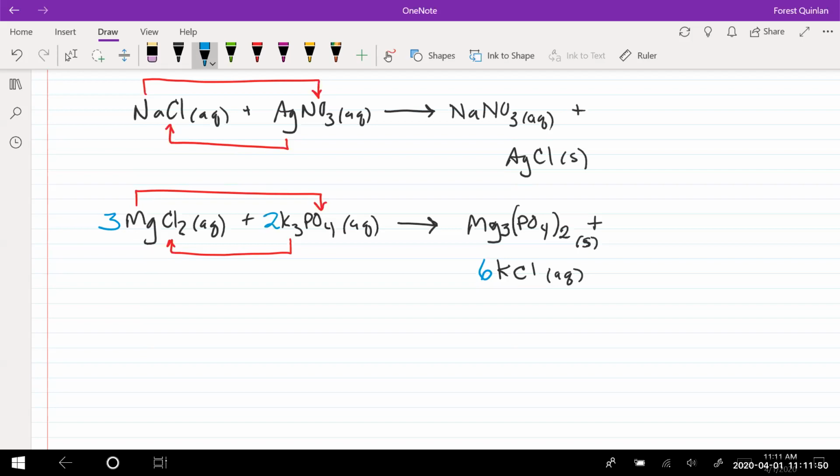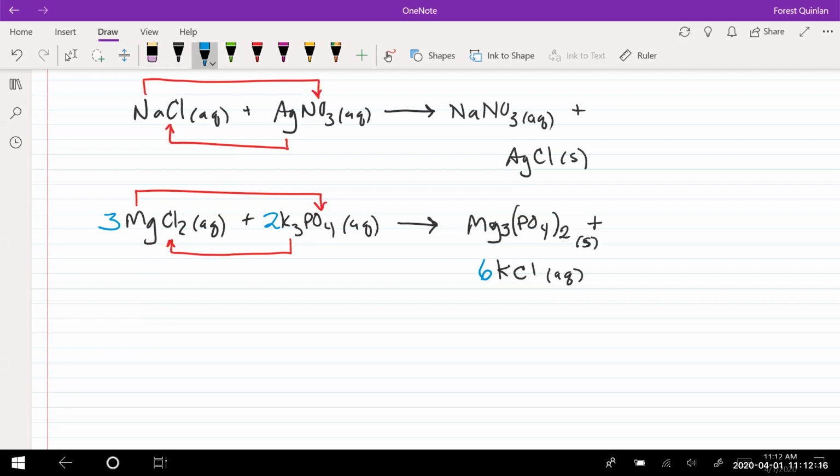Now, how many phosphates does that give me? 2 phosphates, because I see the 2 right there. And guess what? We're good. I want to point out that aside from combustion reactions, you will not go above 6.